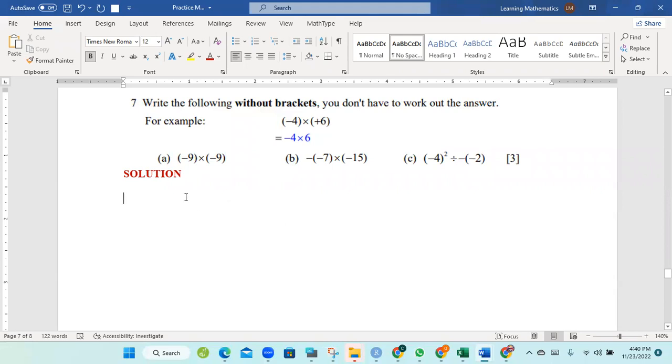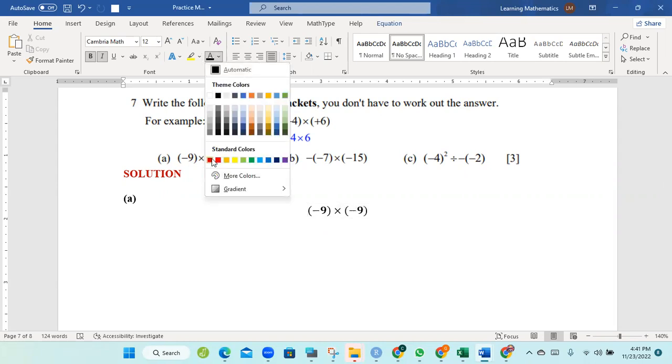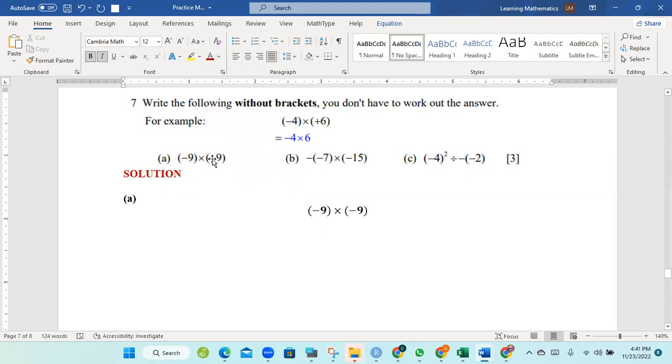Okay, so let's apply this to scenario A. Here we have in a bracket a -9 times a -9. Remember what we said, if you don't see a number outside there, there is an invisible 1. So in this case, this is just a +1 that's outside there.